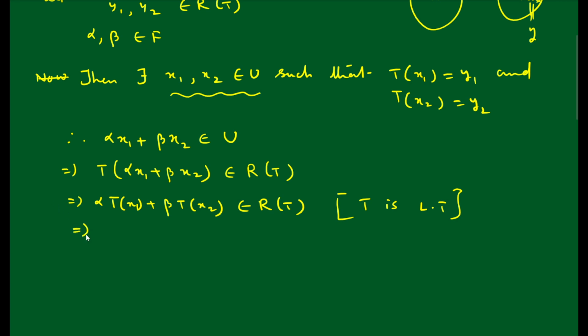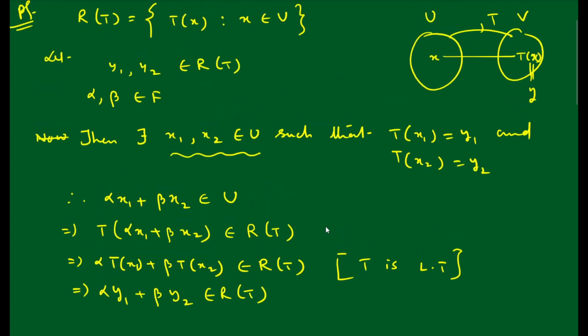So this implies alpha into, what is T of x1? You see, T of x1 is y1. Similarly, beta into y2. So belongs to what? R of T. Now see, we have taken two elements y1 and y2, right? y1 and y2 belong to R of T. तो subspace दिखाने के लिए क्या करना होता है? We have to take two elements and two scalars.